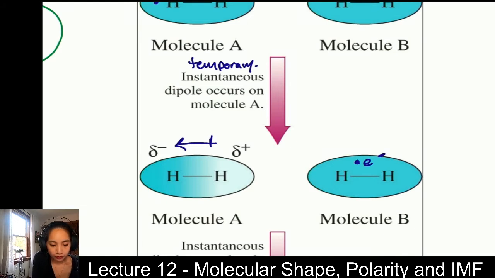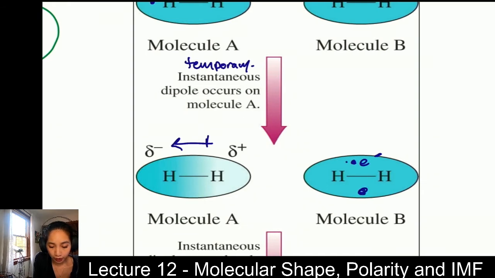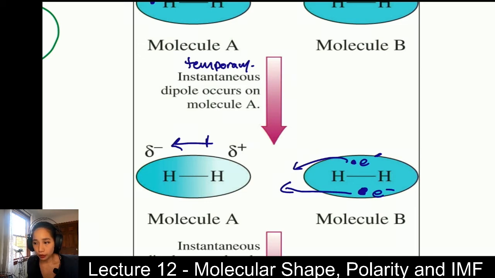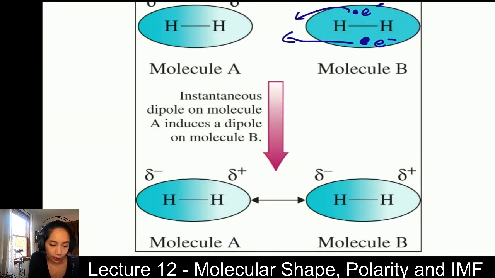So if this side of the molecule is positive, this electron, or even both electrons, are going to slightly be attracted towards this side of the molecule, creating its own temporary dipole. So that's what I mean by one temporary or instantaneous dipole inducing another instantaneous dipole in another molecule.